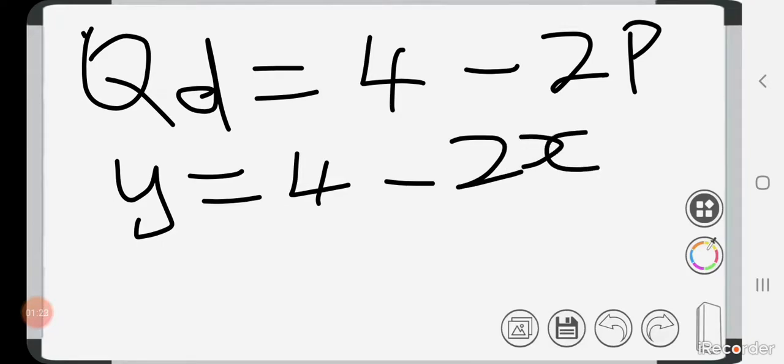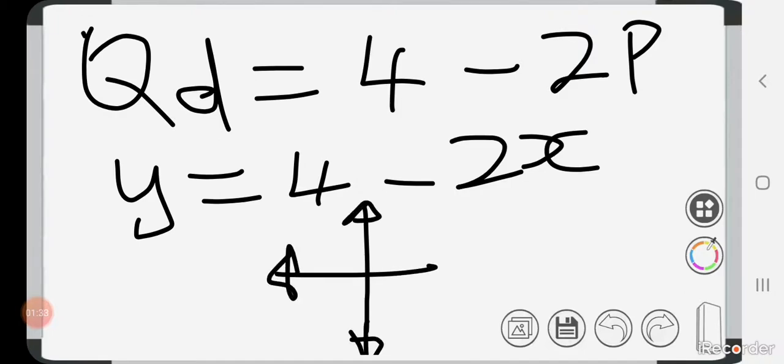Right? Now, for you to be able to find out how to draw this, you need to imagine where you're going to be drawing it. Y-axis, x-axis. The first thing you're going to find is along the y-axis, you know that x is 0, anywhere where this thing is going to touch.